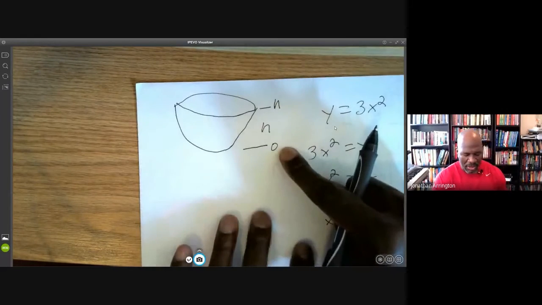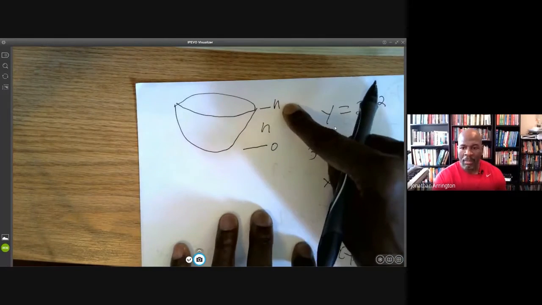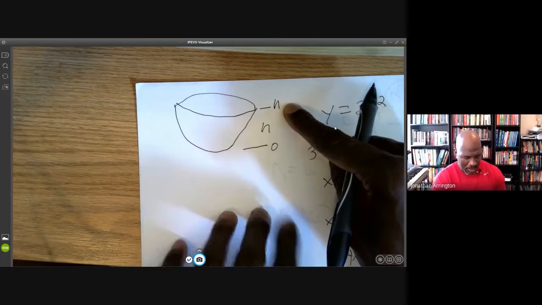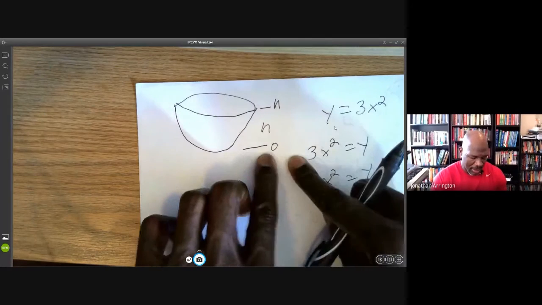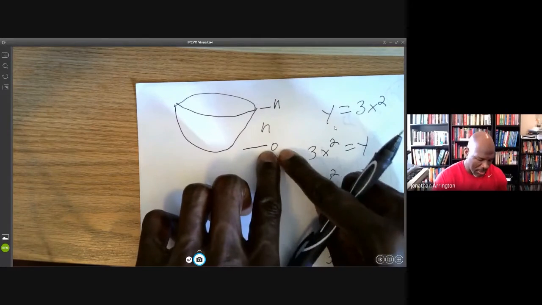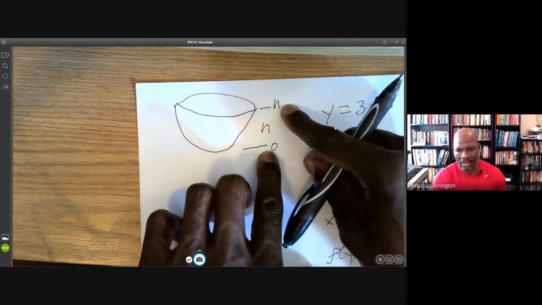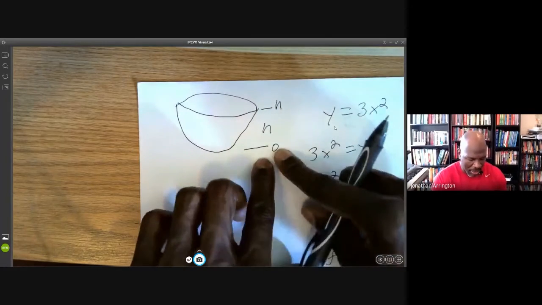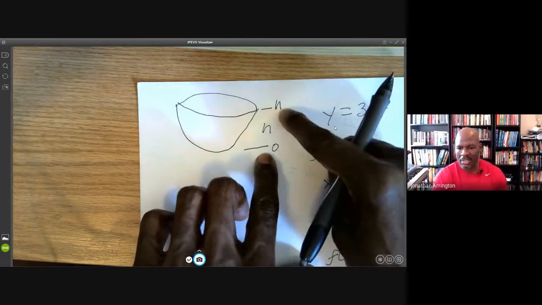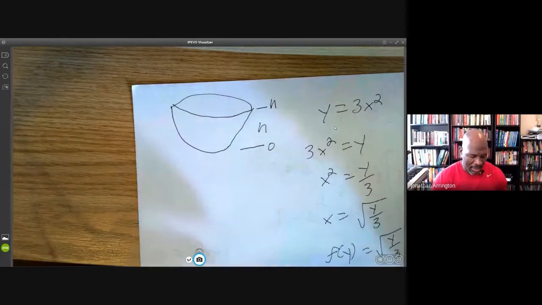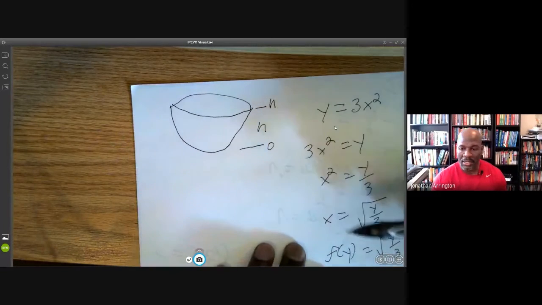So my a would be 0, and my b would be h. Now, of course, you don't have to start at 0. You can start at 7, and your a would be 7, and your b would be h plus 7. Or you can start at 10 million, your a would be 10 million, and your b would be h plus 10 million. But it's probably easiest just to start at 0 and make this h.